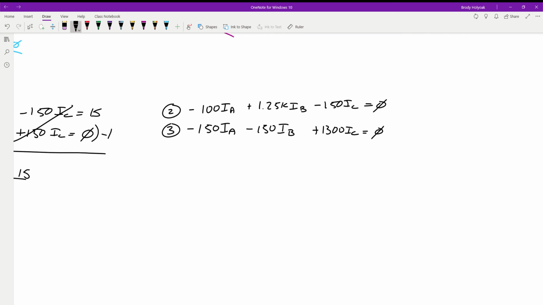Now again, since we already decided this on the previous equation, we want to get rid of the IC value. They are already opposite polarity, so that's a help. We already have half of what we're looking for. Now we need to get 150 and 1300 to be equal multiples.